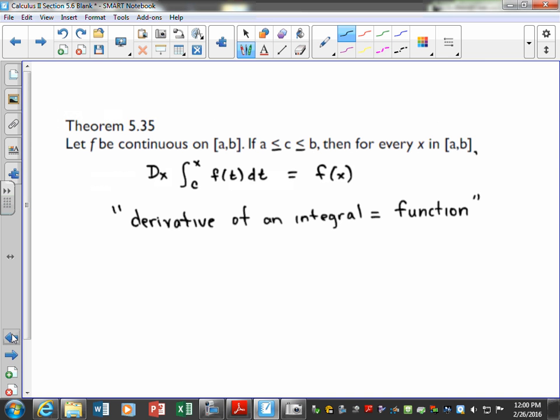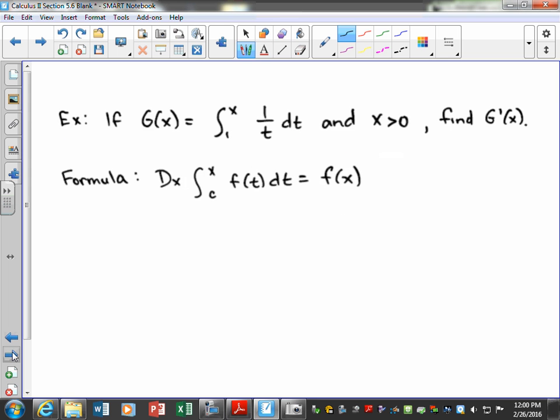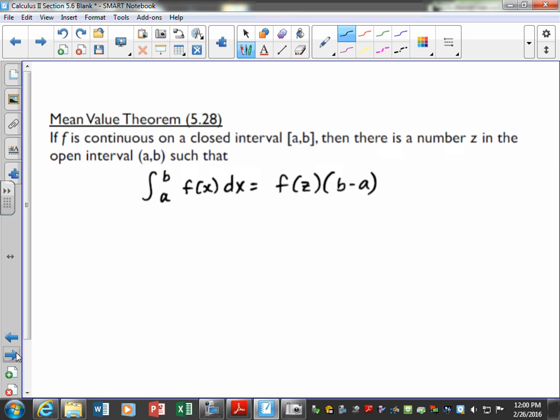The derivative of an integral equals a function. And another theorem that was in a previous chapter is the mean value theorem, and we worked on that. Basically it's just saying the integral of f of x dx from a to b is also f of z times b minus a.